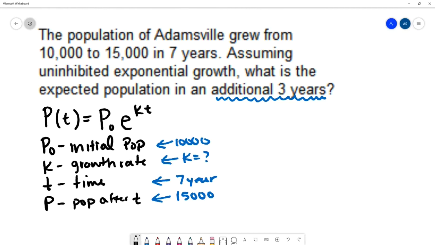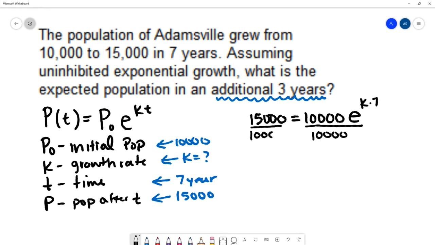So we're going to substitute these values into our formula. We grew to a population of 15,000 starting from 10,000, and we have e to the k times 7. I'm going to start solving this exponential equation by dividing by 10,000. We get e to the 7k on the right.